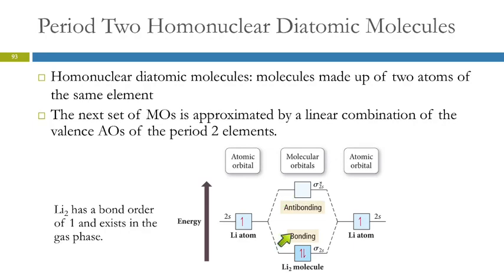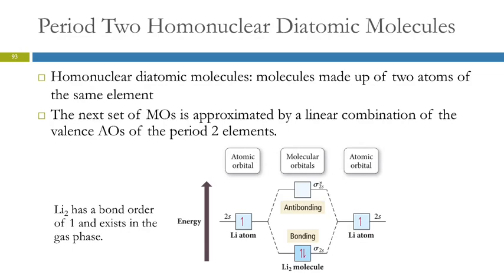So again, one is lower, it's bonding, one is higher, it's anti-bonding. Then we take these 2 electrons from the atoms and we put them into the molecular orbitals. And they're going to go into the lowest orbital first and then fill in above as needed. So here they both fit in the bonding orbital.